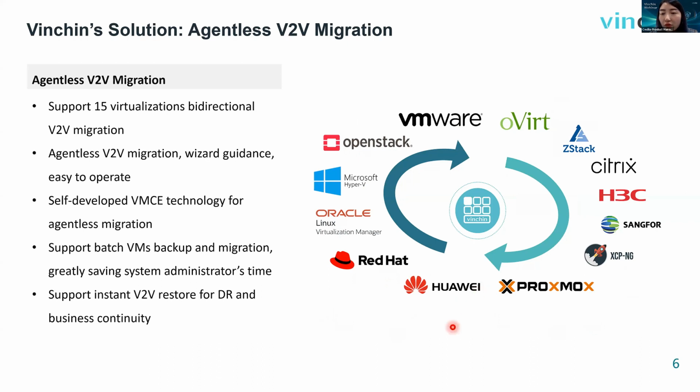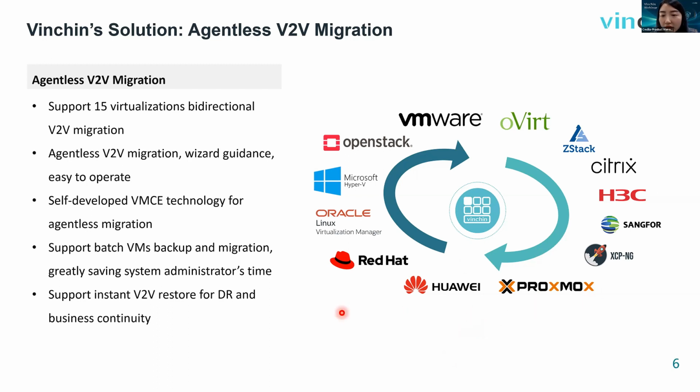The operation for the migration process is very simple. Just follow our intuitive wizard guidance. No need to operate on the virtualizations, and there are no extra configurations, just like the normal backup or recovery job steps. Our colleague Spring Luo will show you this in a live demonstration later on.